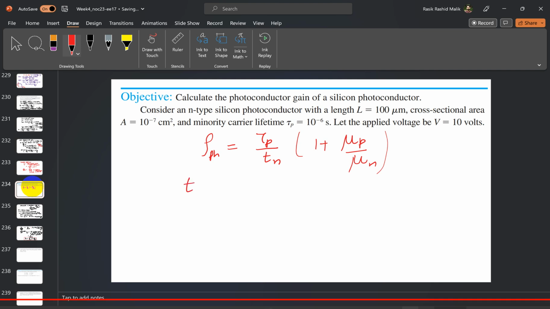So I can first calculate the tau n. The transit time is the length of the semiconductor divided by drift velocity, so length of the semiconductor divided by mobility into electric field.